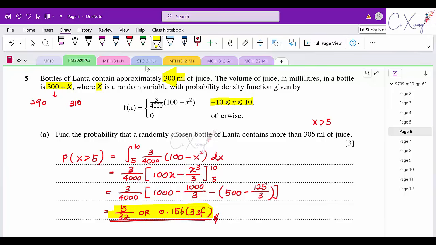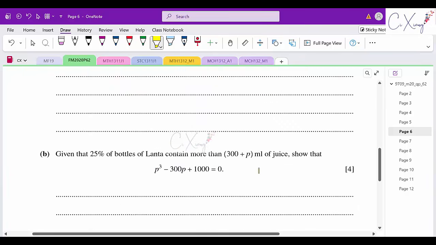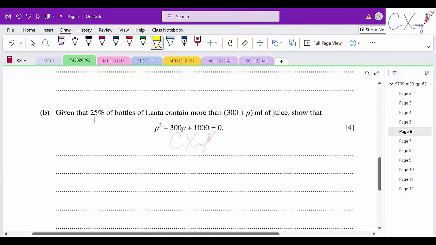Okay, so this is what we have for part A. Right, then let's continue to part B. Given that 25% of bottles of Lanta contain more than 300 plus p milliliters of juice, show that you get this equation.